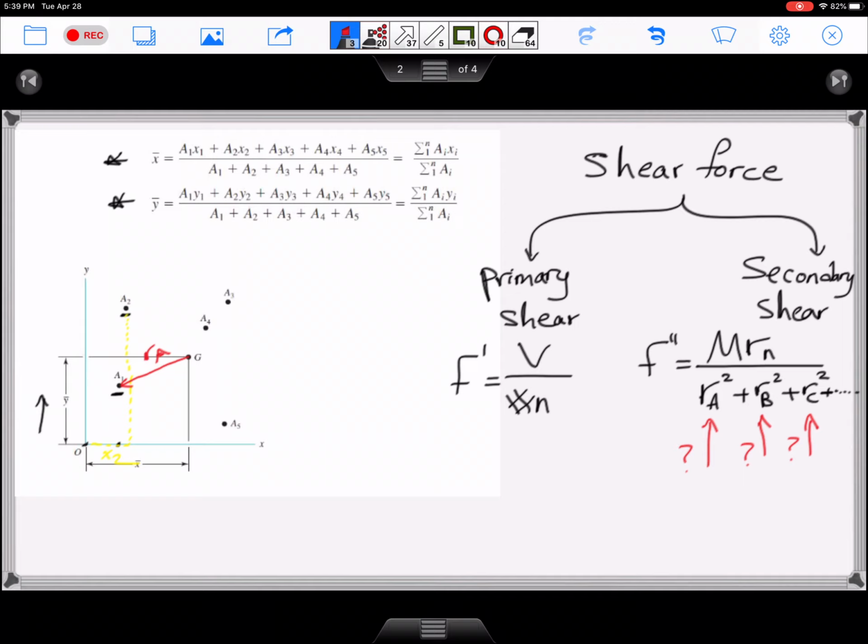Same thing for Rc. Let's assume this is A, B, and this is C. You go from the centroid to bolt C, or pin C, and this is Rc. And Rn is the bolt of interest, where you're trying to calculate the secondary shear.